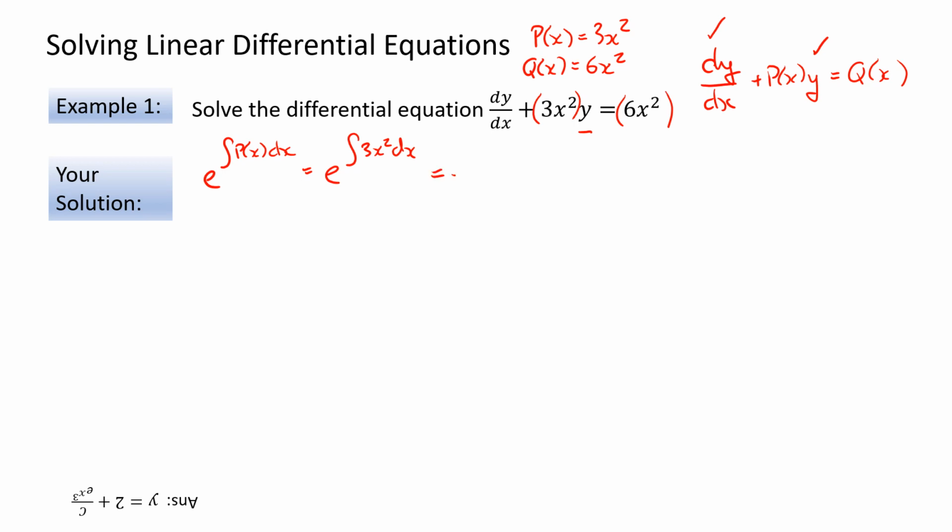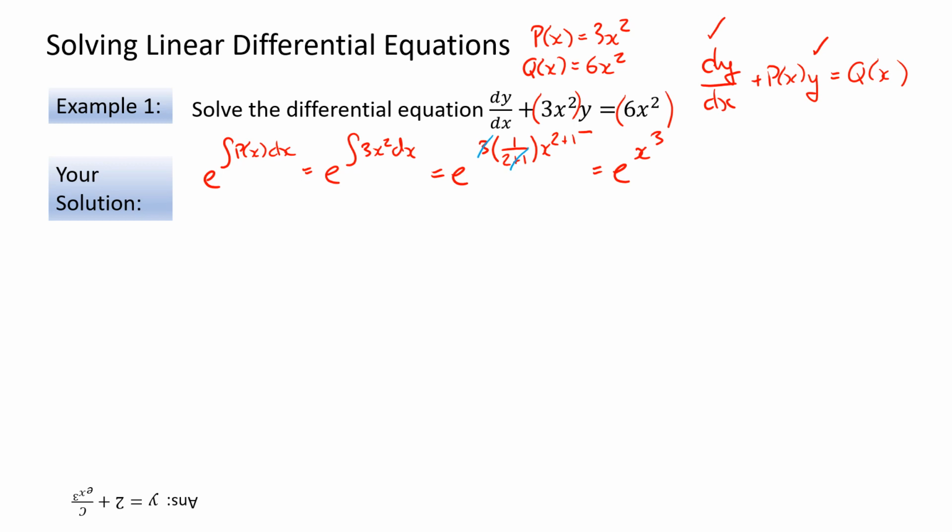The integral of this is 3 times, remember using the power rule, 1 over 2 plus 1, or the exponent plus 1, times x to the exponent 2 plus 1. So you'll have a 3 in the numerator, and 2 plus 1 is 3 in the denominator, which cancels. So this becomes e to the x cubed.